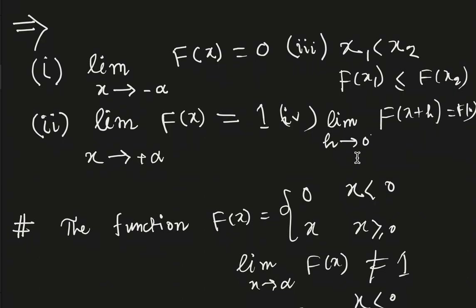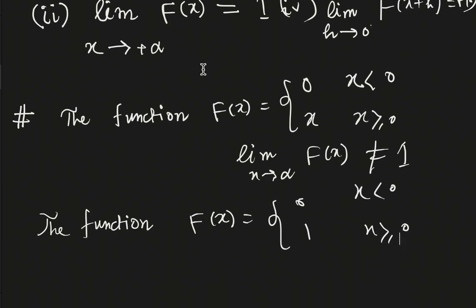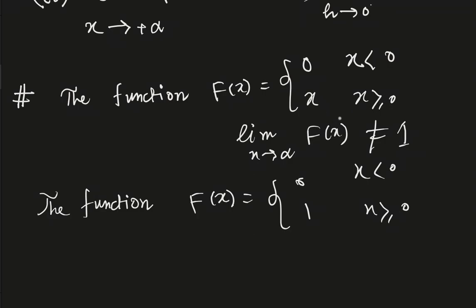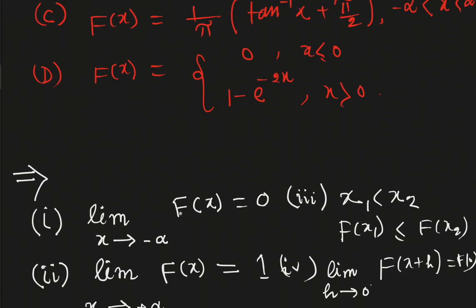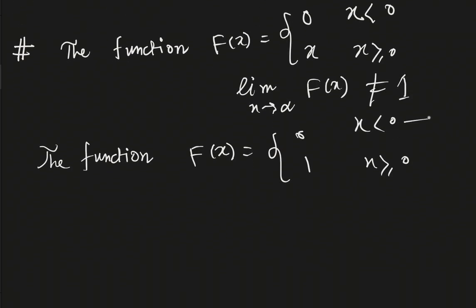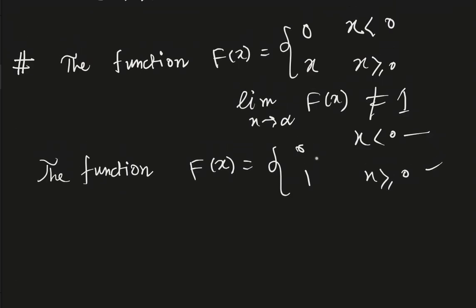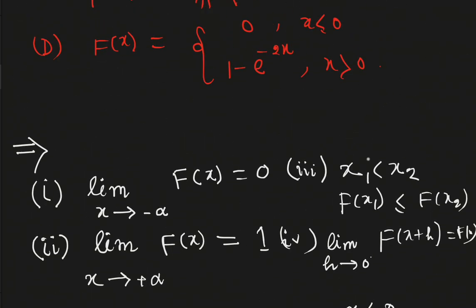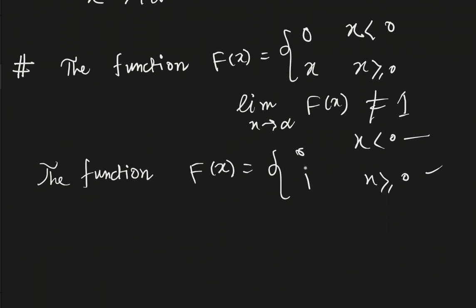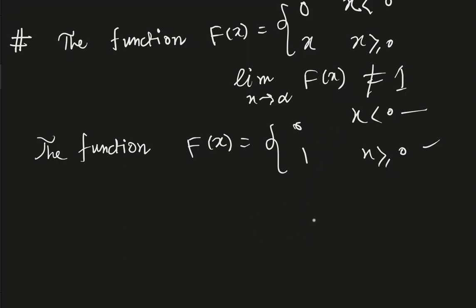The first property is satisfied: x tends to minus infinity gives 0, x tends to plus infinity gives 1. And if x1 is less than x2, this function looks like this.